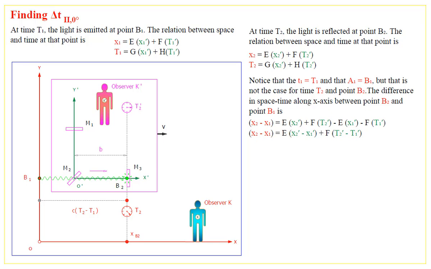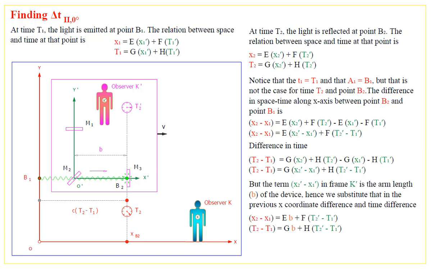The difference in spacetime along the x-axis between point B2 and point B1 is, and the difference in time. But the term x2' minus x1' in frame K' is the arm length b of the device, hence we substitute that in the previous x-coordinate difference and time difference.